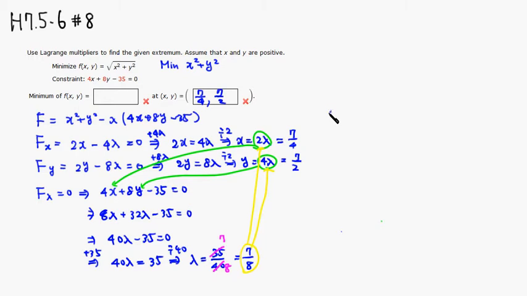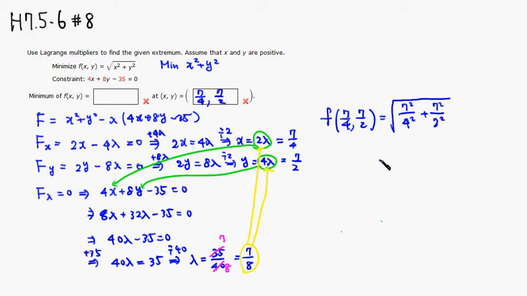The function value is f of 7 over 4 and 7 over 2. So this is going to be the square root of 7 squared over 4 squared, plus 7 squared over 2 squared.